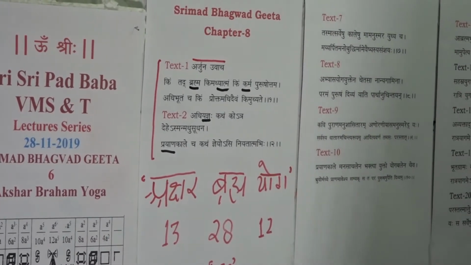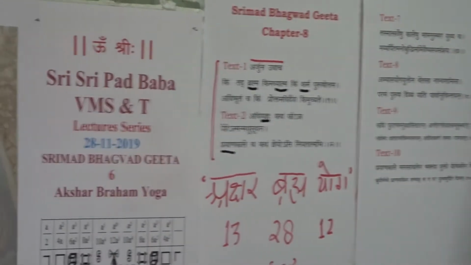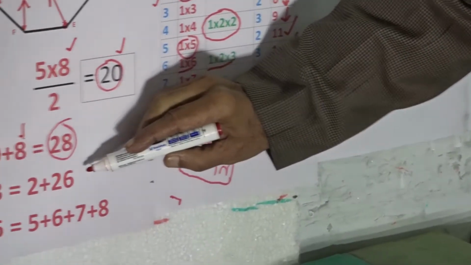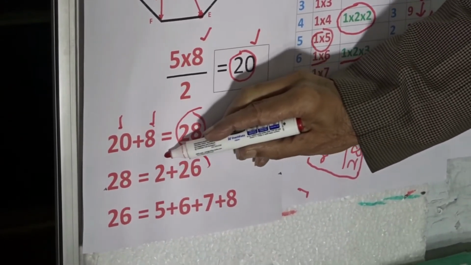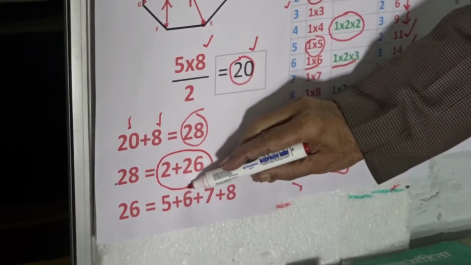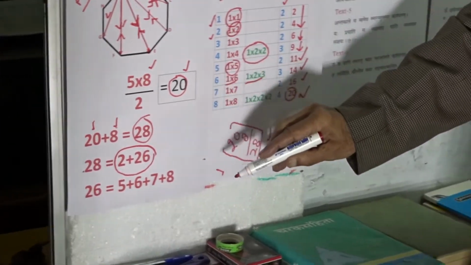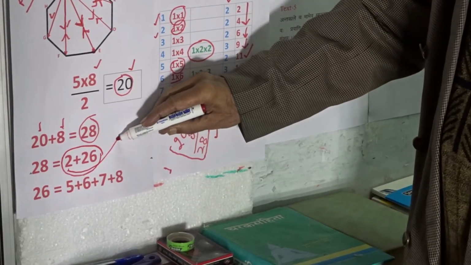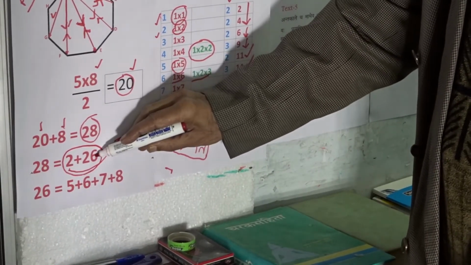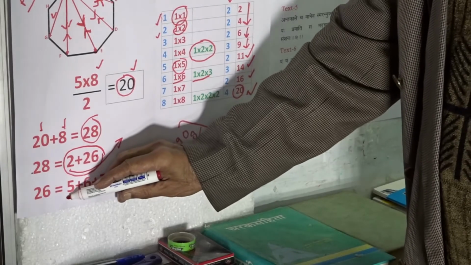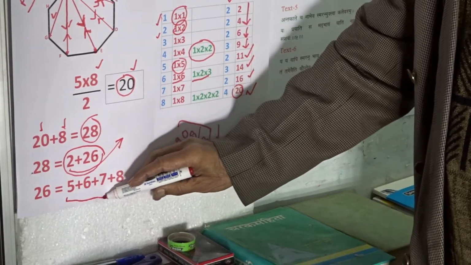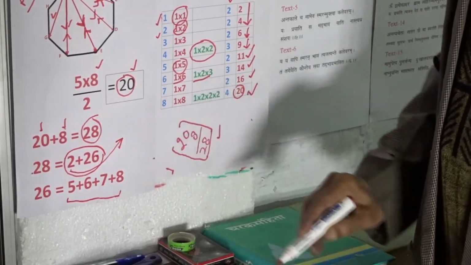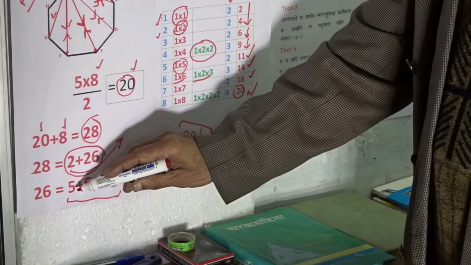The value 28 as such we know is a value which is of the organization 2 plus 26. Value 2 is the value of the spatial format and value 26 is the value of a manifestation layer of order 5.